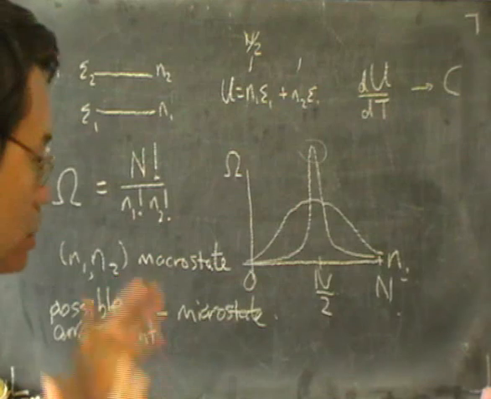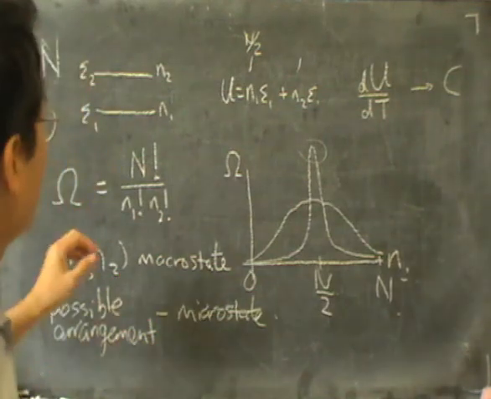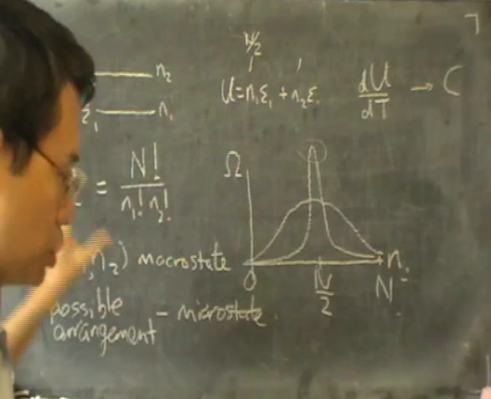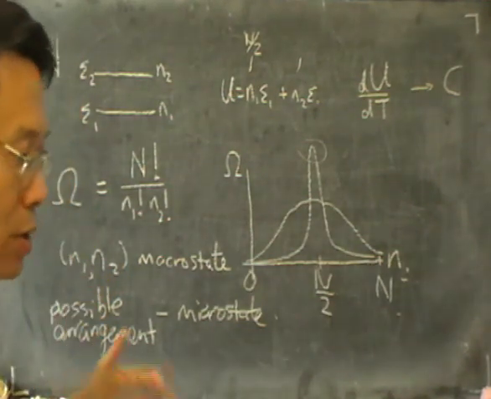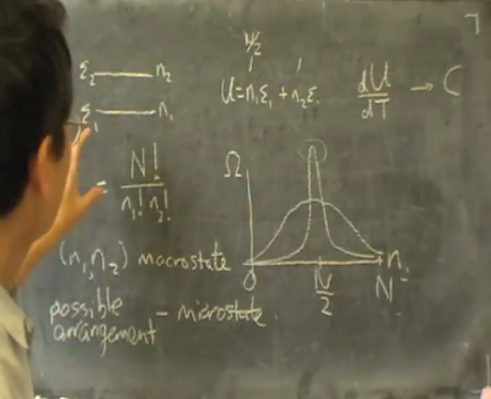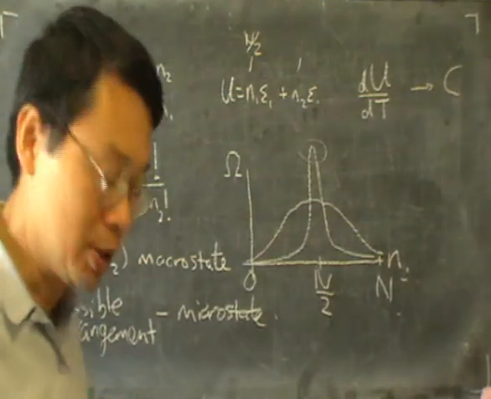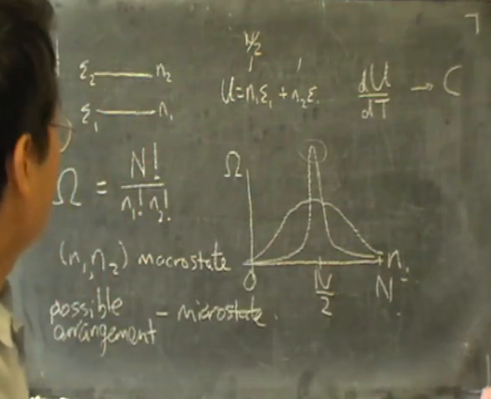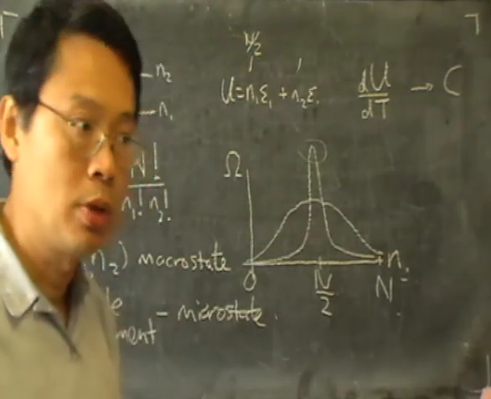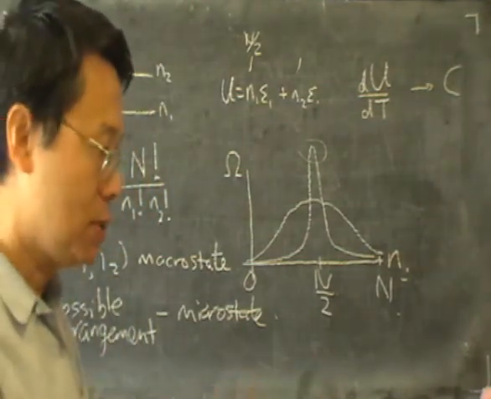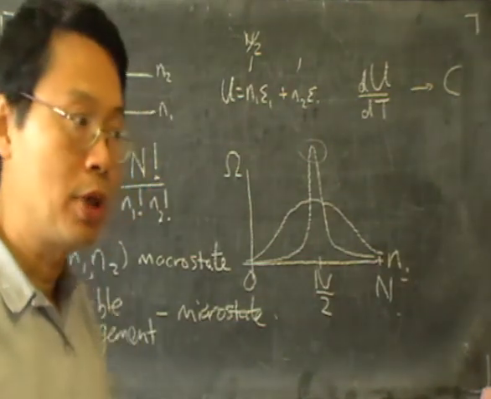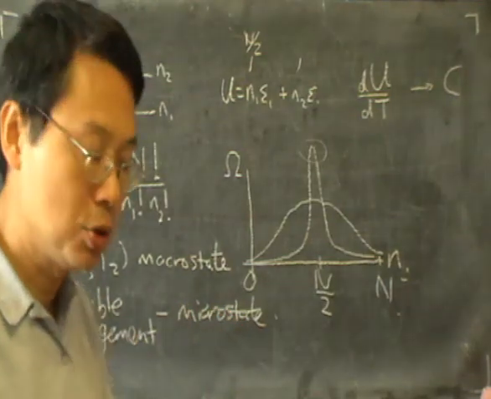In a real situation, there are what we call constraints. There are other factors that come in and affect the distribution of the particles. For example, there is the total energy. If I have a solid, it can't just take any energy; it will have a certain amount of thermal energy.